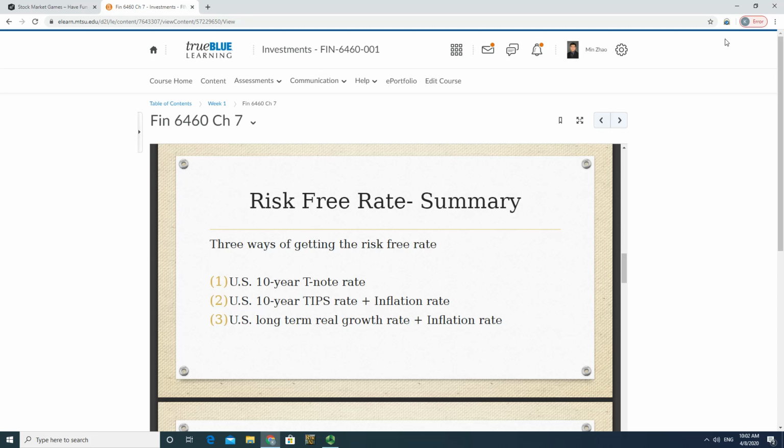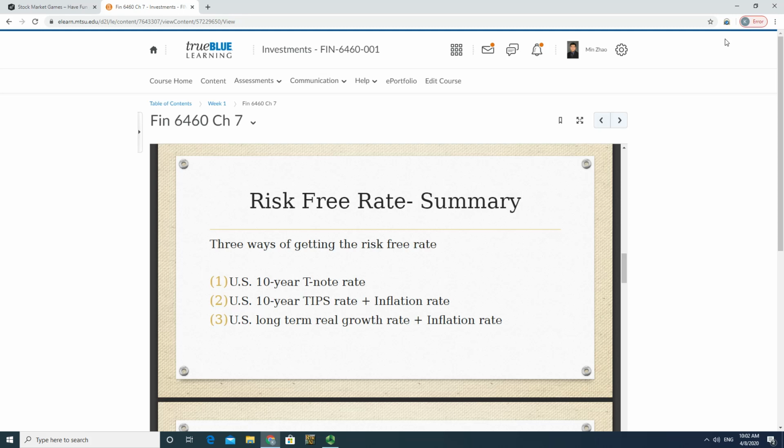So the third method for us to get an approximate risk-free rate is to look at the long-term real growth rate, and then we add the inflation rate. And right now, let's say you assume that the real growth rate would be, let's say, 0.5% or maybe 1% in the US. When I say long term, that is not just 2 to 5 years.